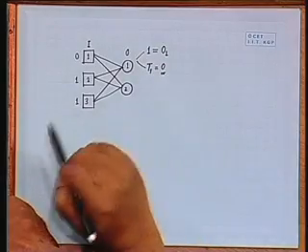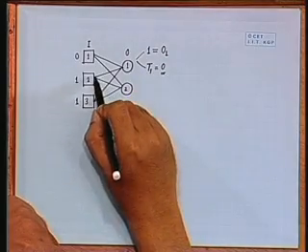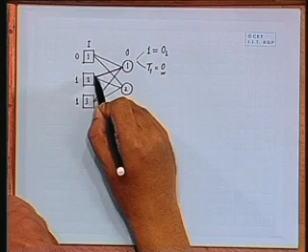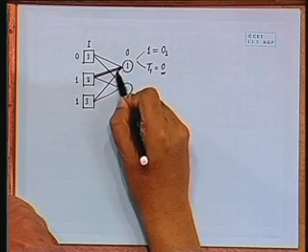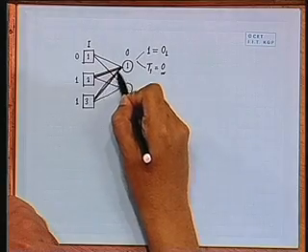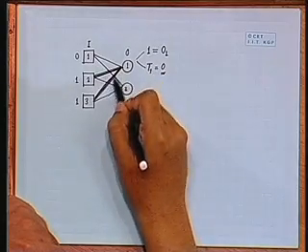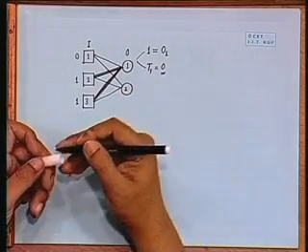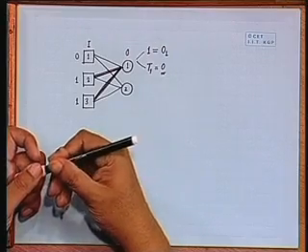Now, how can we do that? What we are going to do is reduce the weights on the edges which connect to the 1 values. So, we will pick up these 2 edges and reduce their weight. What effect is that going to have?